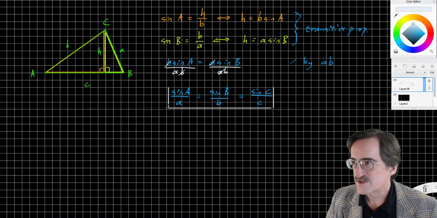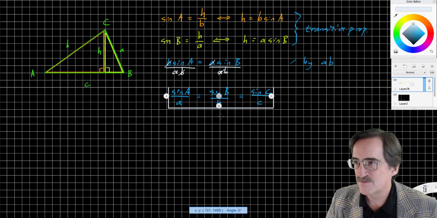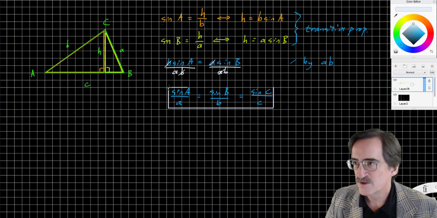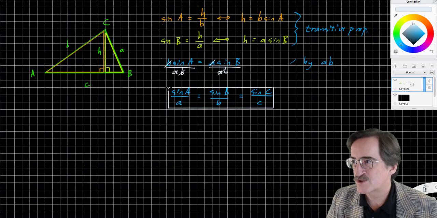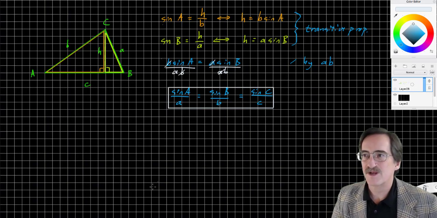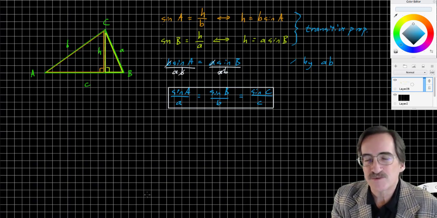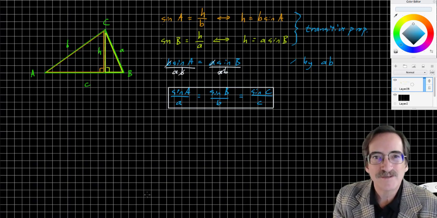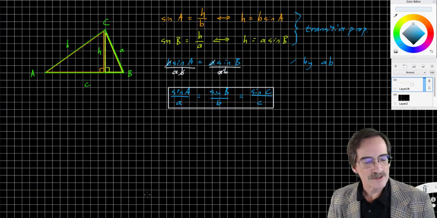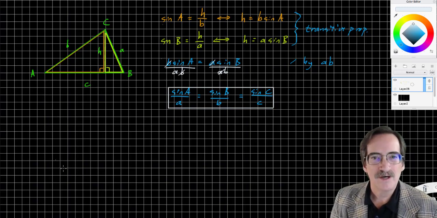It's always the same for any given triangle. This does not say that between two different triangles this ratio is the same, but in any triangle this ratio is the same. And this is true of all triangles, whether they're right triangles or not. I'm going to leave using this rule for a later recording.